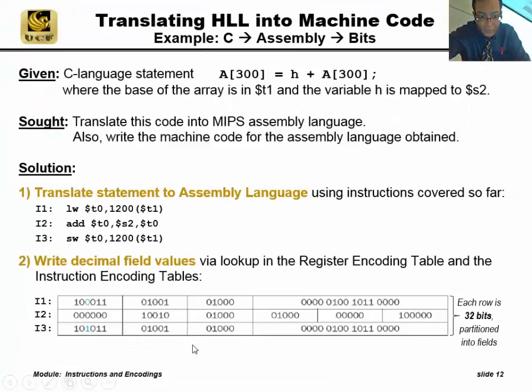What about SW? SW, it's going to use the same position notation, right? So actually this is the RS, see? And RT. All right, well, store word, even though this is really a destination, it's coming in as the RS. That's just how we do it. I said there are some exceptions.